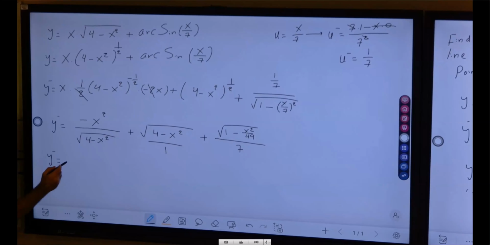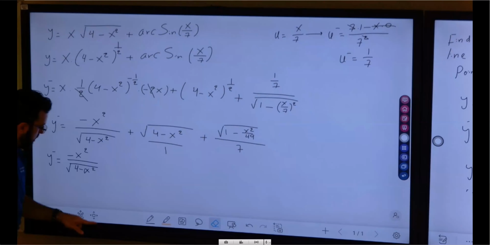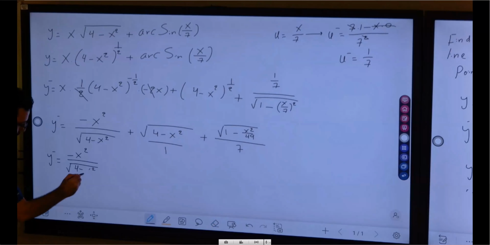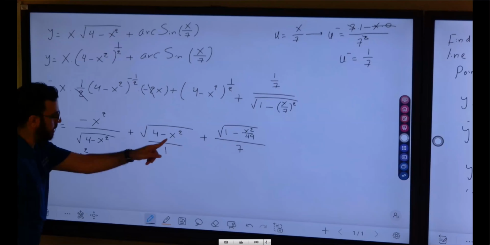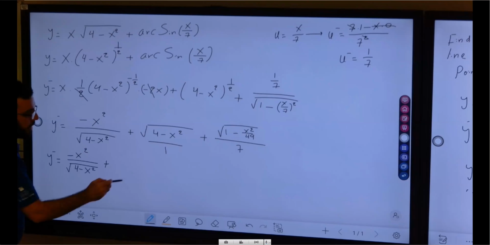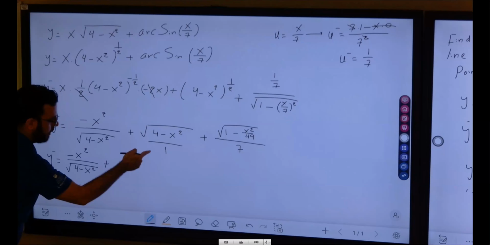Y prime is going to be negative x squared over square root of 4 minus x squared. Plus, no, I'm talking about, I need to multiply this part so I can get the same denominator. Okay. So I'm gonna multiply this one by square root of 4 minus x squared.